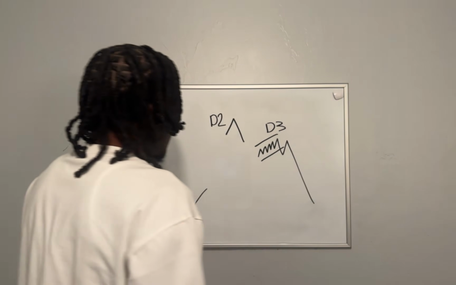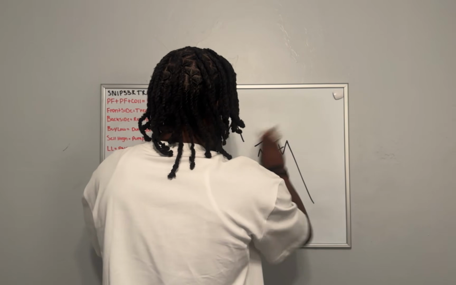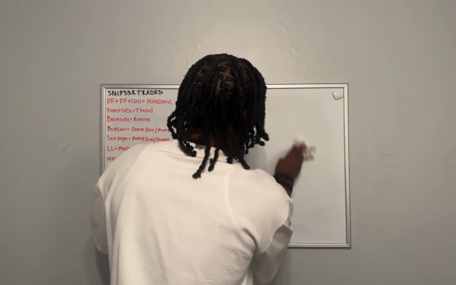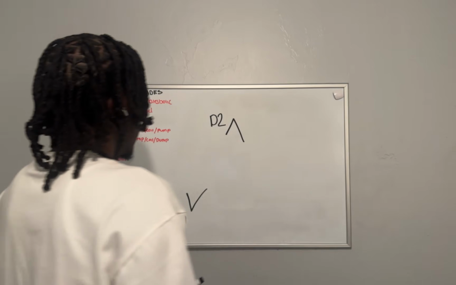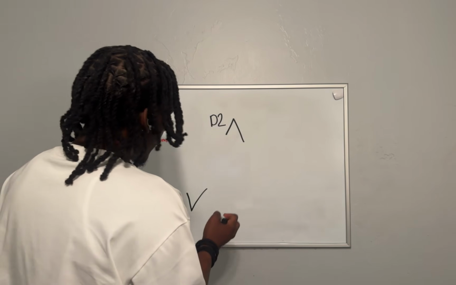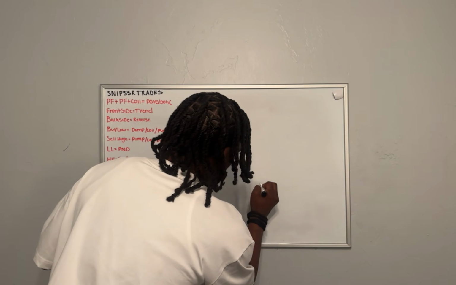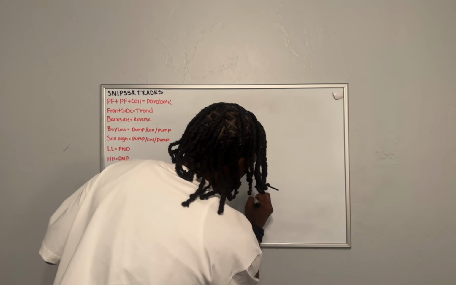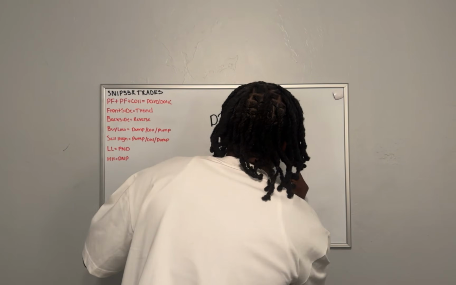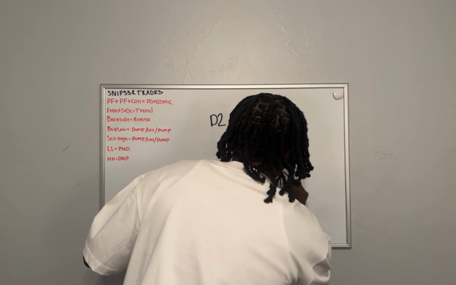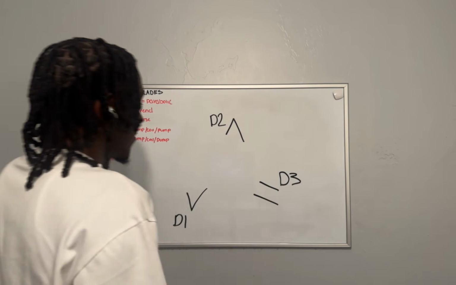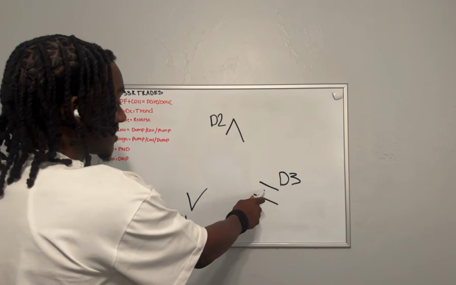Let's say we have the exact same day one and day two, but this time we have a consolidation down low. Day three will be over here. Here's our day three. But this time the consolidation is down low.